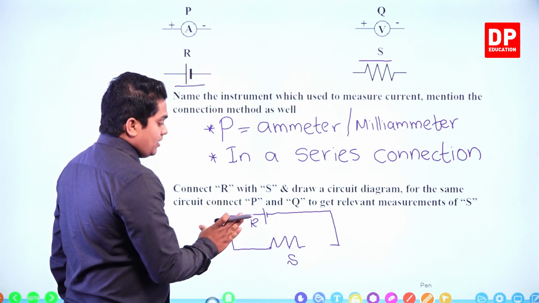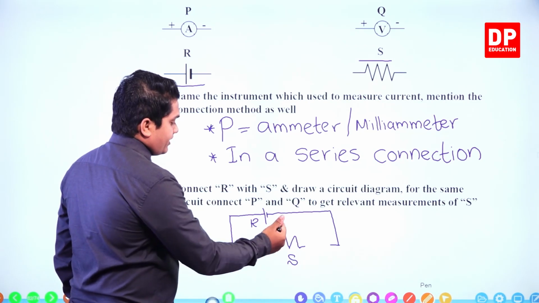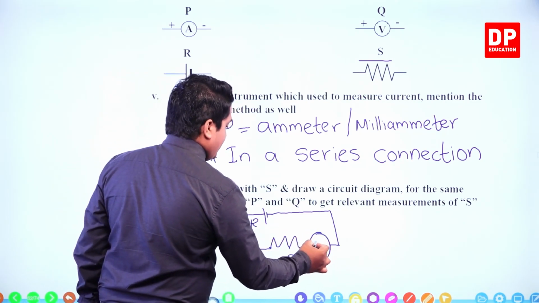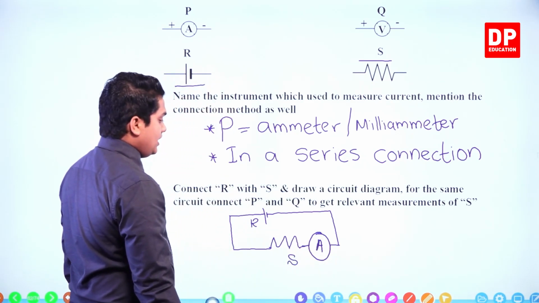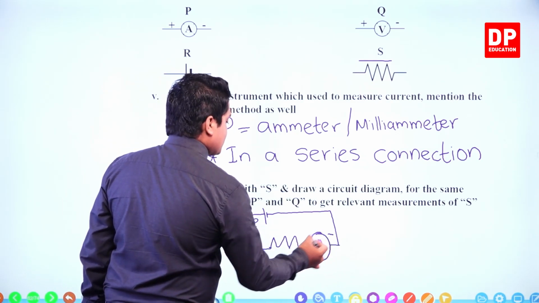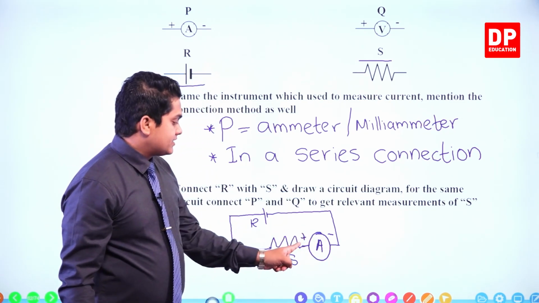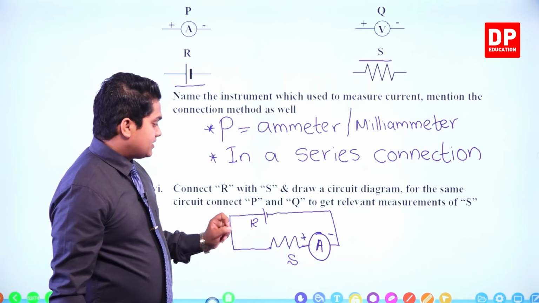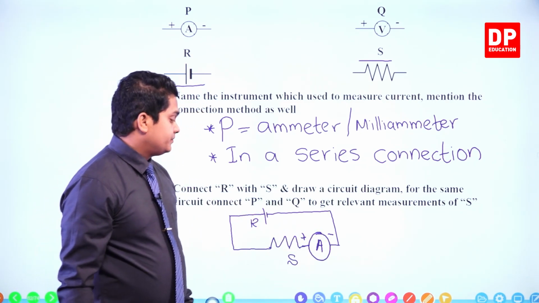Between the two terminals of the resistor, we need to connect the ammeter like this. Don't forget about the plus and minus terminals. So this is minus, this is plus. In the ammeter, the terminal which runs to the positive terminal should be the positive. Here this one should be the negative terminal. Right.